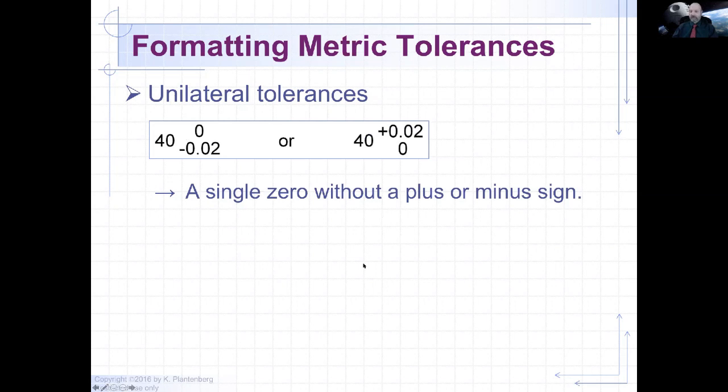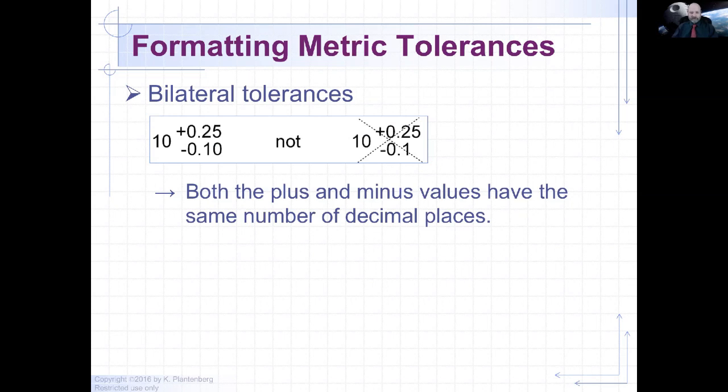And then you know it's going to be a loose fit. A single zero without a plus or minus sign means it's going to be this size or bigger, and in the case on the left, it's going to be this size or smaller.